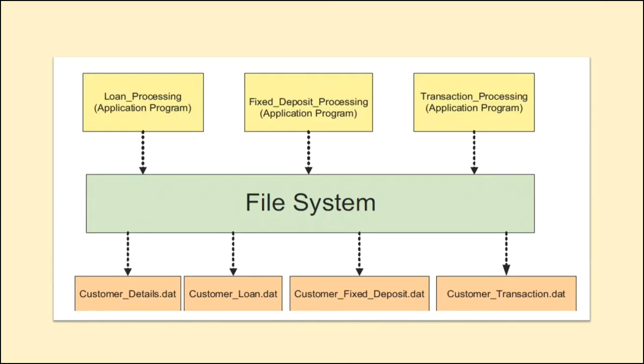Otherwise, a lot of consistency problems will come, right? Because you need to maintain the same copy of the data in every file. What is that problem? Can you tell me? Inconsistency, risk of high inconsistency. Are you getting?